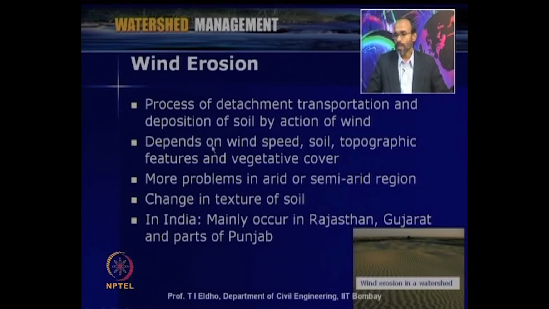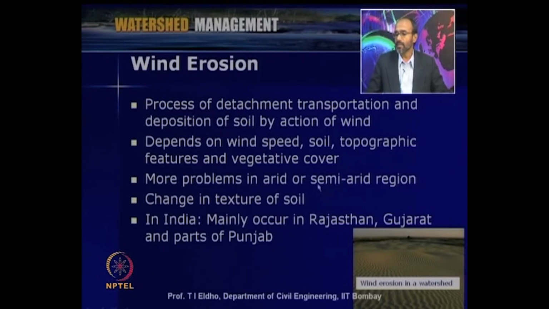As is obvious, it depends on the wind speed, the soil type, topographic features and the vegetative cover. If there is a good vegetative cover, then wind erosion will be reduced.